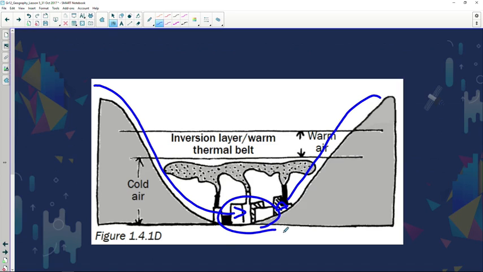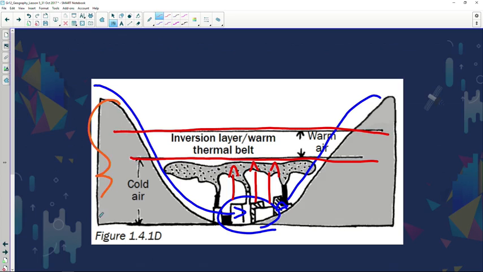Convergence taking place. What happens to the warm air? It's being displaced into this area over here, known as the thermal belt. And as you can see, this is where our inversion is taking place. It's cold over there, and it's warm over there.